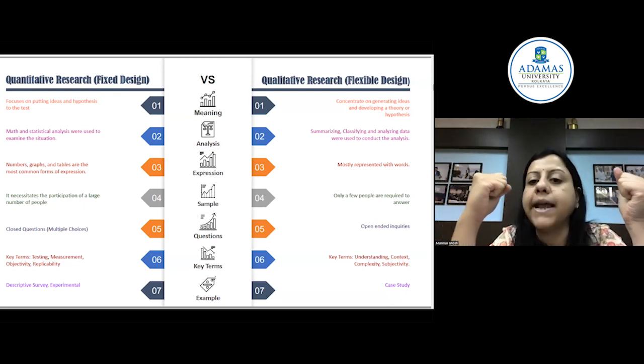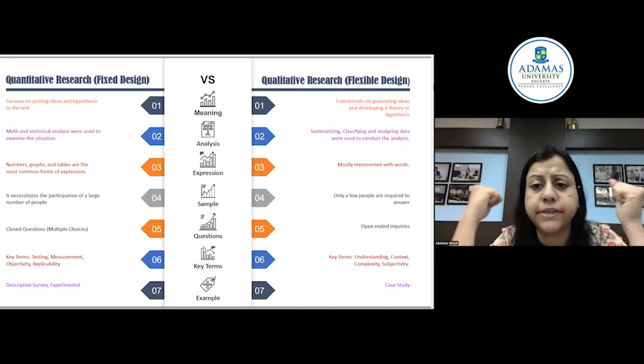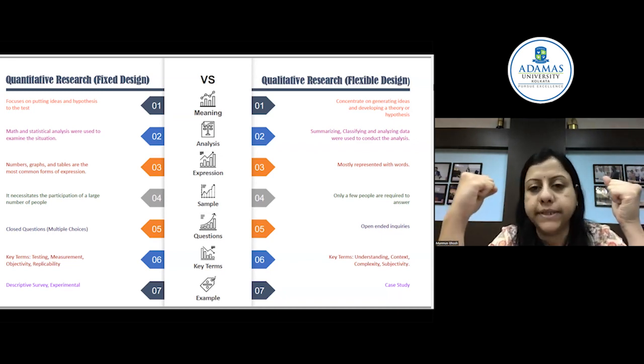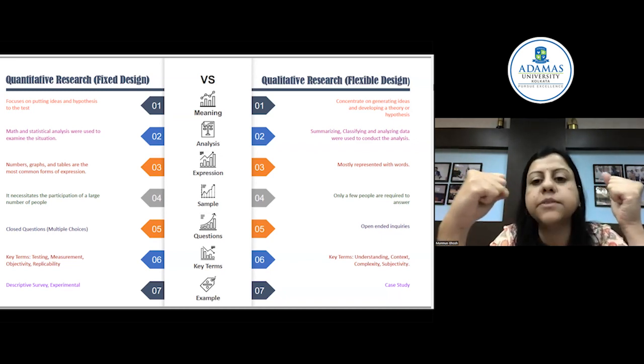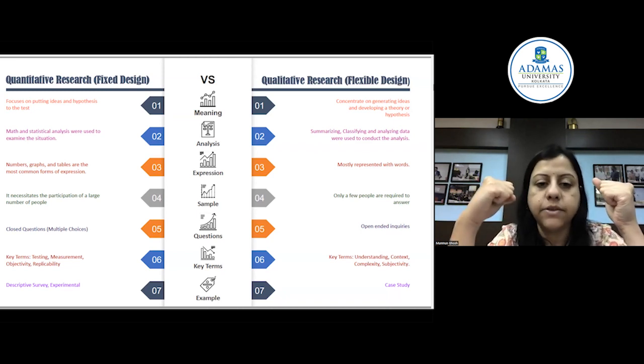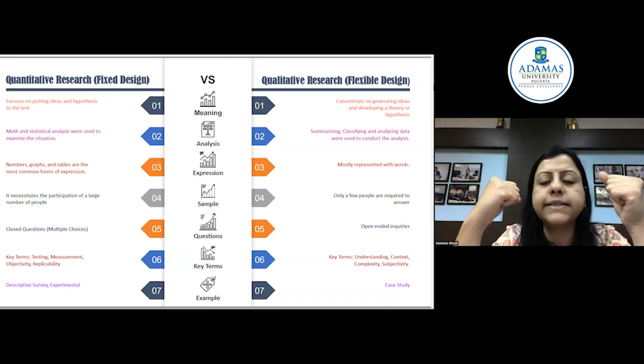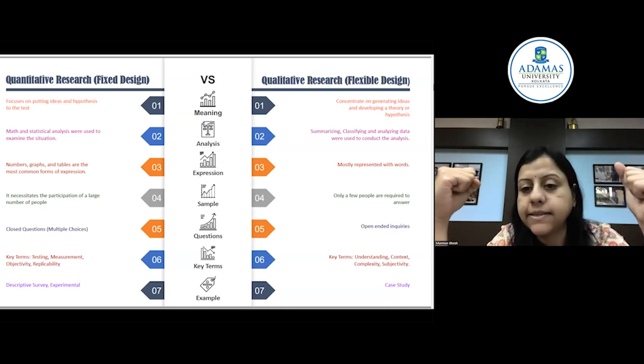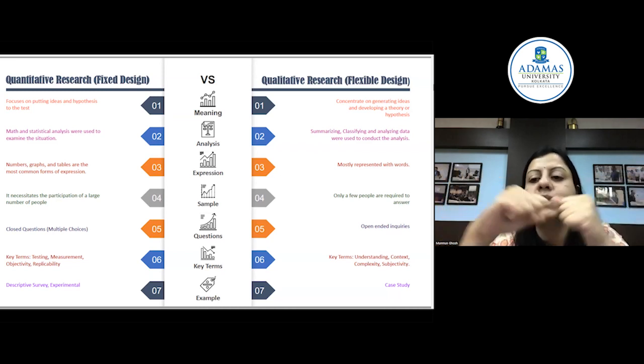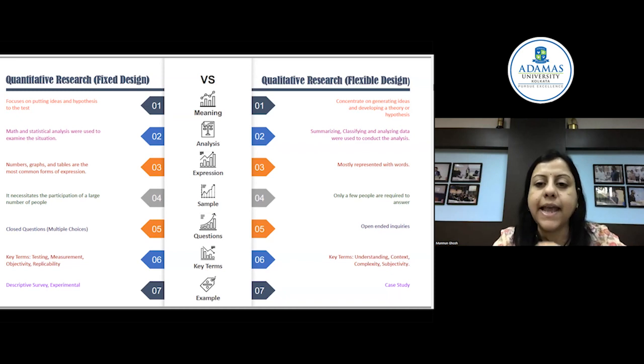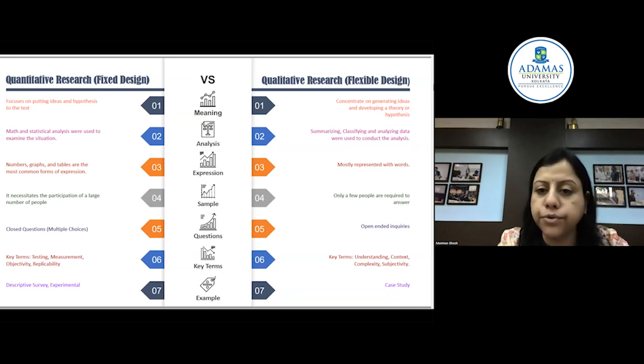When you identify the variables considering your research, you create a framework, frame your hypothesis, and once the hypothesis has been framed, test it. There, the analysis comes through different tests, whereas in qualitative research you summarize and classify through different analyses like textual analysis, narrative analysis, and thematic analysis. So there are different analysis techniques to it. The expression is also different.